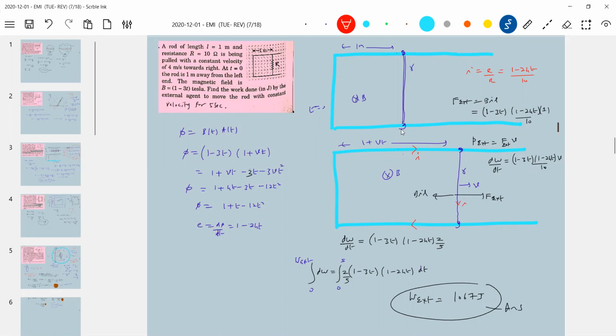You'll see, I'll change it. Then to maintain that constant speed, I'll apply force. Sir, correct only. First the flux will increase, then it will decrease, for the 5 seconds we are analyzing, 0 to 5 seconds. For the first 1 by 24 seconds it will increase, then it will decrease.